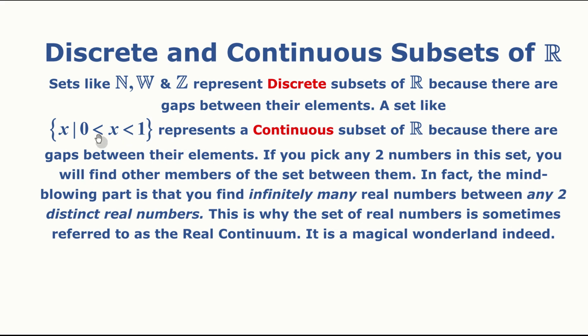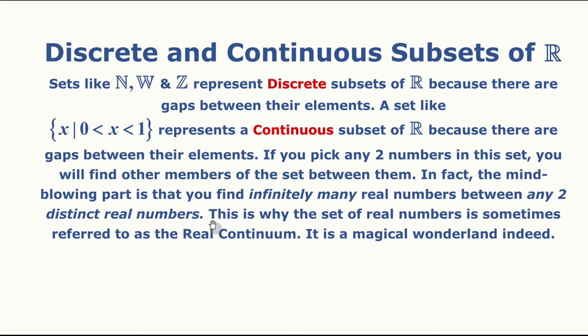Notice that this one is what we call a continuous subset of R, because there are no gaps between the elements of this particular set. So if you pick any two numbers in this set, you will find there are other members of the set between them.